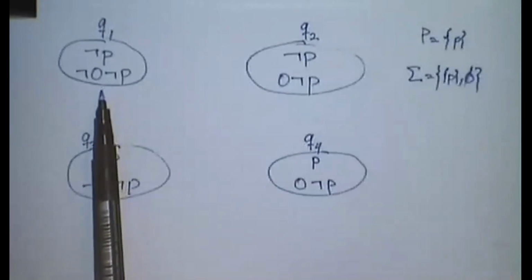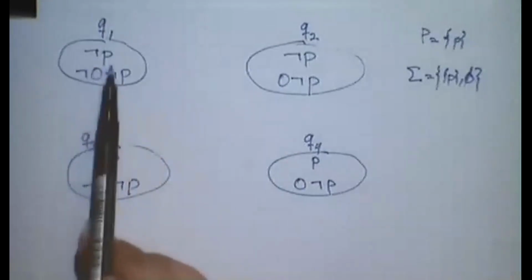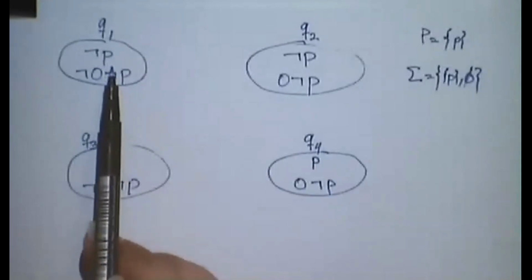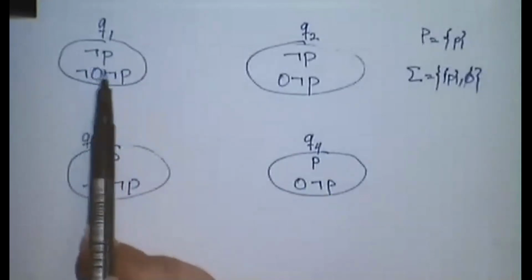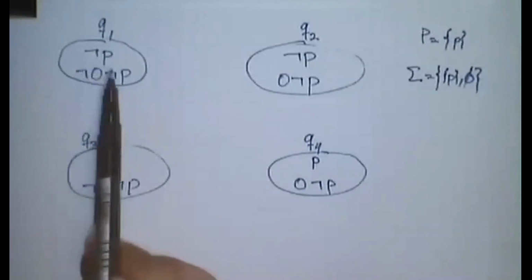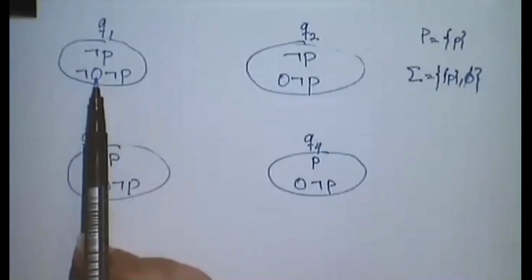Okay. So let's say that I'm at state Q1 and I read the letter P. What should happen? So at Q1, I have this formula that says not P. So if I start my automaton here, I should reject anything that starts with P, any infinite string that starts with P. So one way of rejecting is to have no transitions at all.